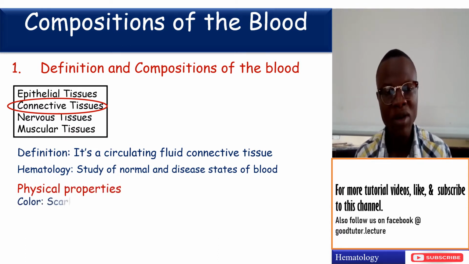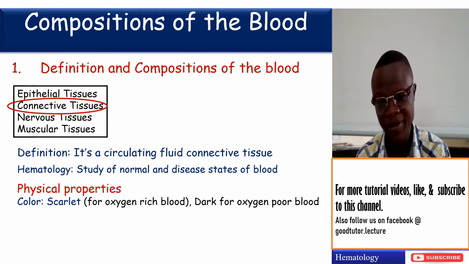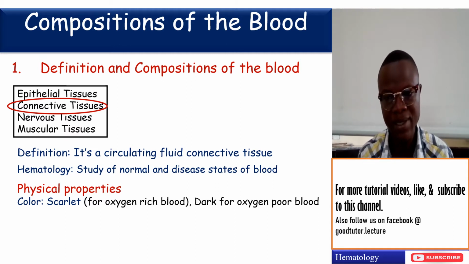We begin with the color of the blood. The blood appears scarlet in an oxygen-rich state and it appears darker in an oxygen-poor state. So you will notice that the arterial blood will be scarlet and the venous blood will be darker because of its poor oxygen content.